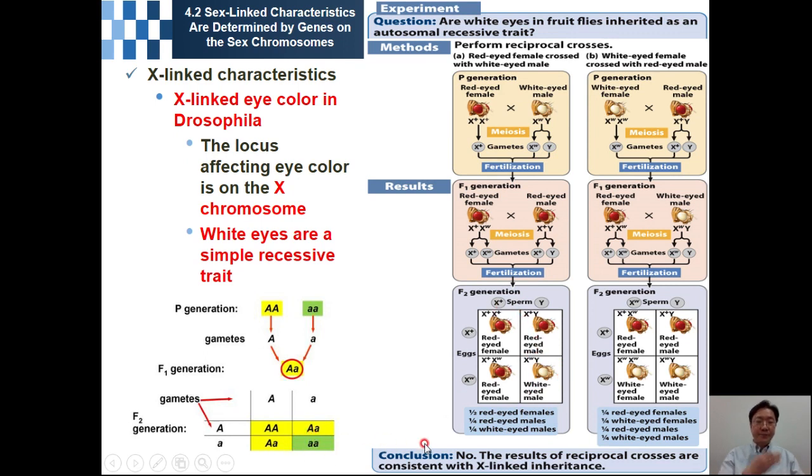How about in the other case, where the female shows the recessive trait, the white-eyed female?